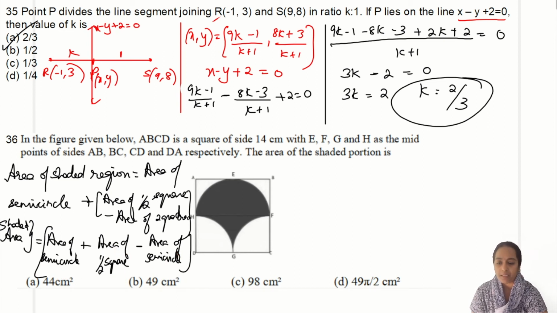So this is again the area of a semicircle. So plus area of semicircle and minus area of semicircle get cancelled.